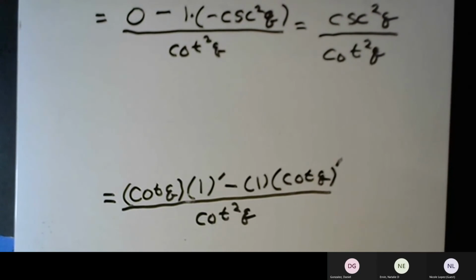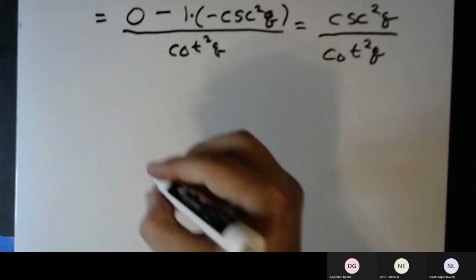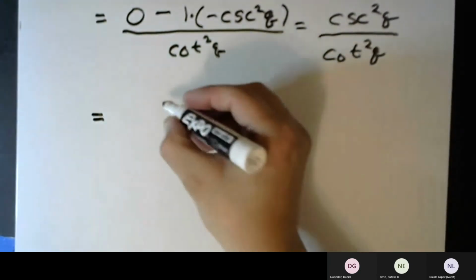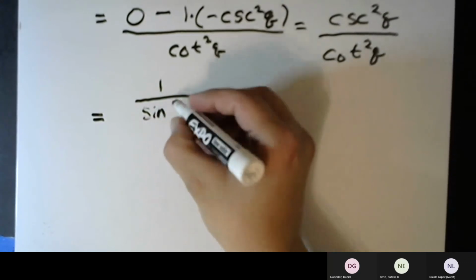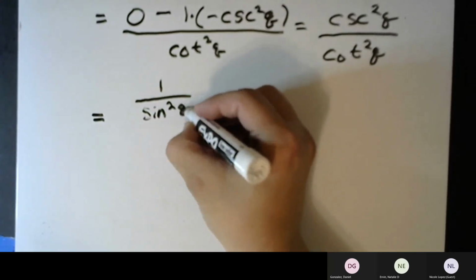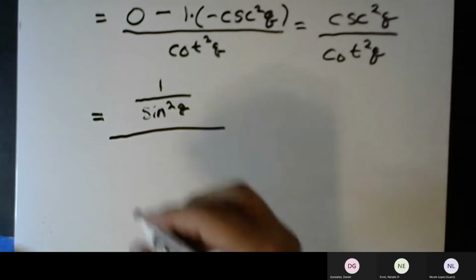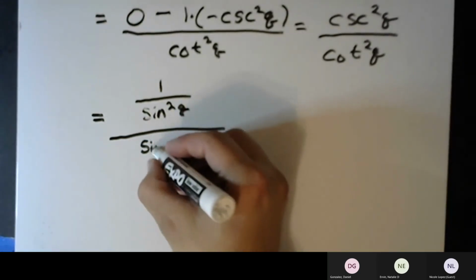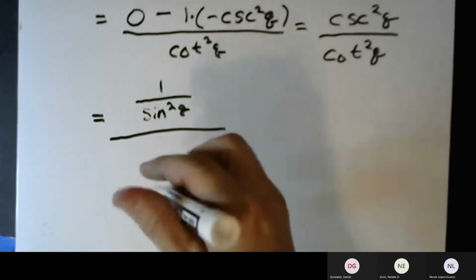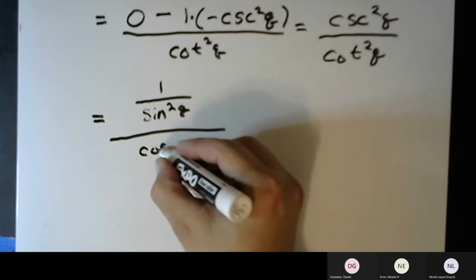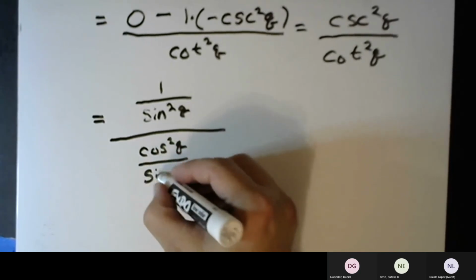And we can simplify this. Let's take cosecant. Well, that's 1 over sine. So cosecant squared, that's 1 over sine squared. Cotangent squared, oh no, I'm sorry, cosine squared over sine squared.